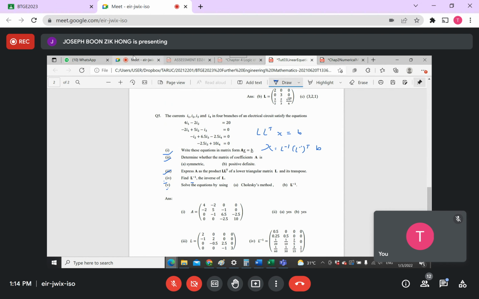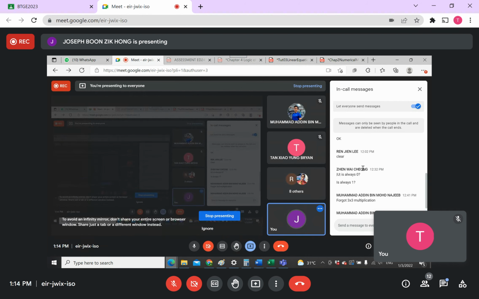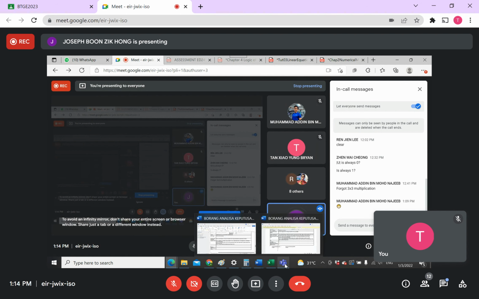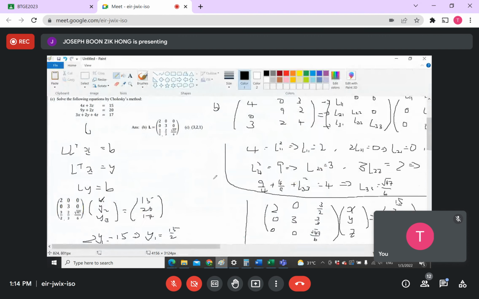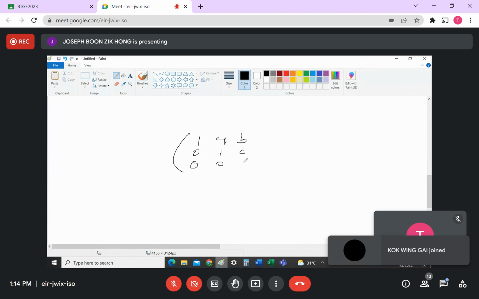Okay, so I just continue a bit before. It is always 1. The LU decomposition, the modulus of U is always 1 because whatever you have, 1, 0, 0, whatever you have A, B, C, 1, 0, 0.